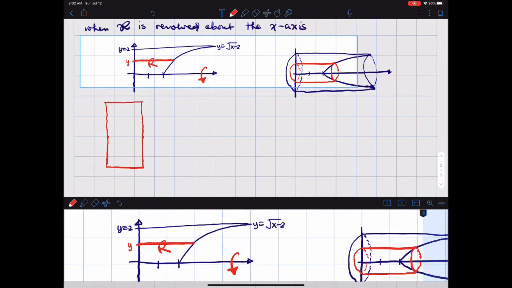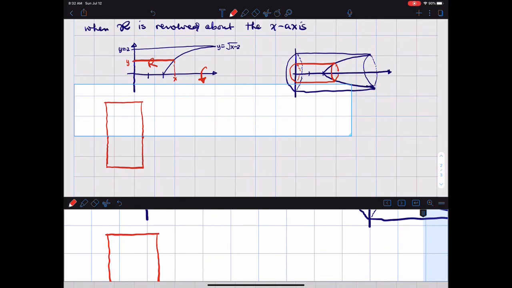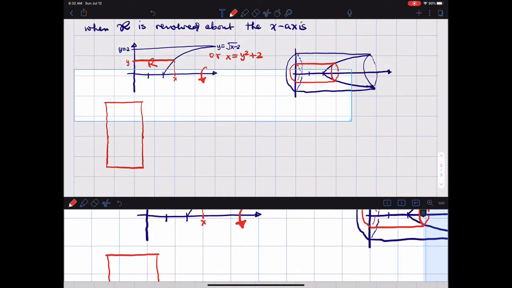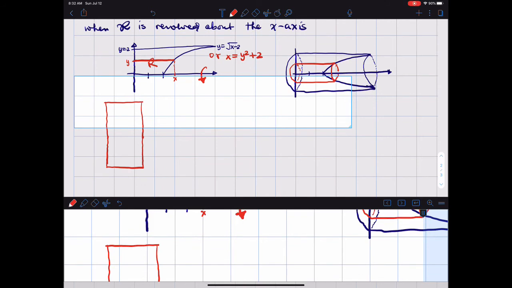The length here is going to be x. If you solve for x, x is equal to y squared plus 2. So this length is y squared plus 2.